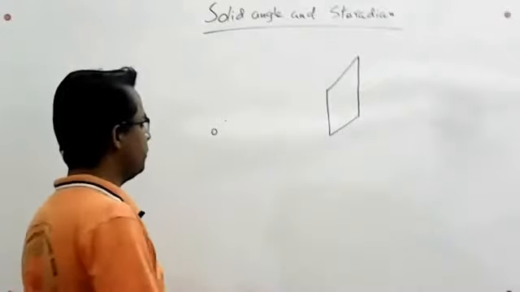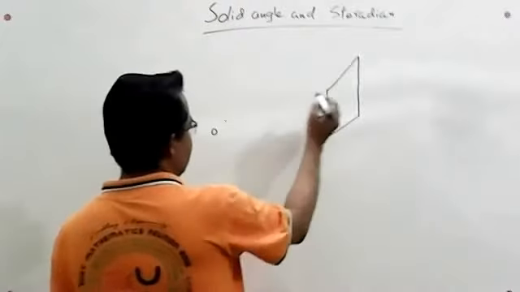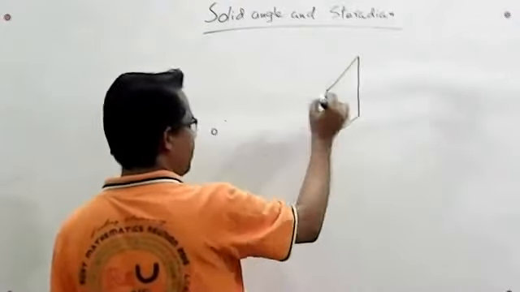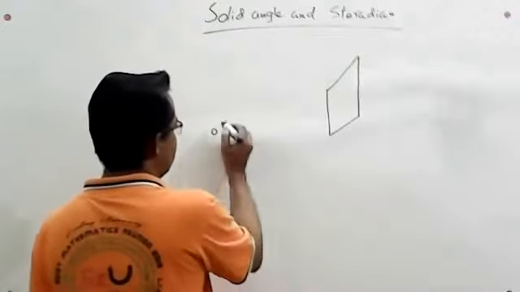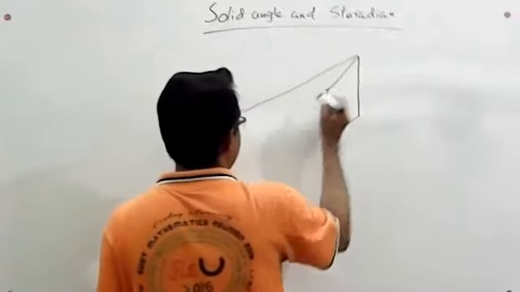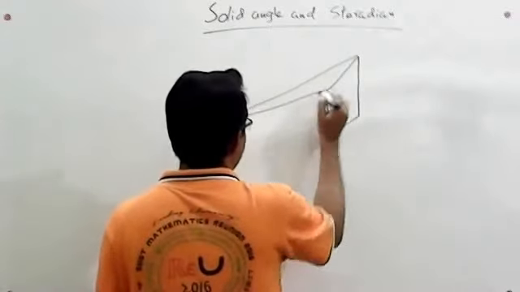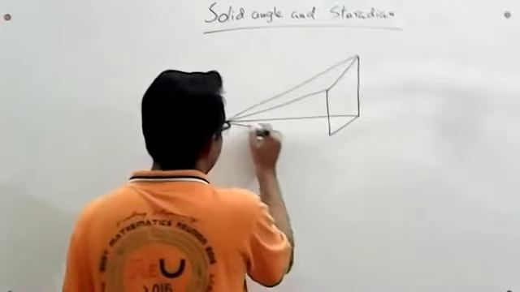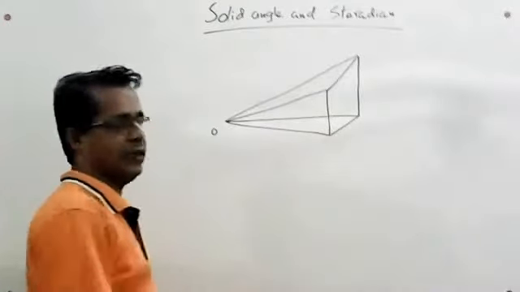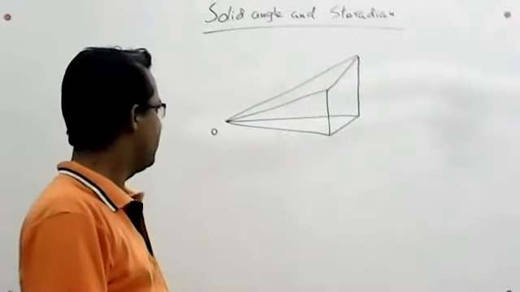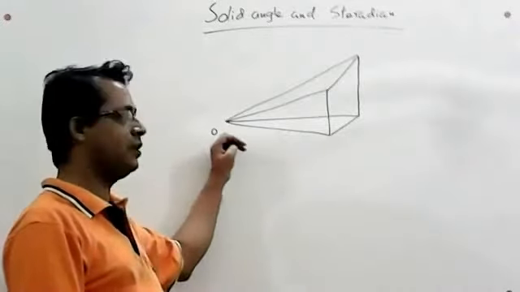Then we'll have to join the boundary points and all periphery points of this surface to the point O. We connect the boundary points and O.